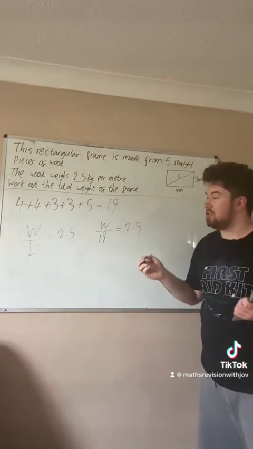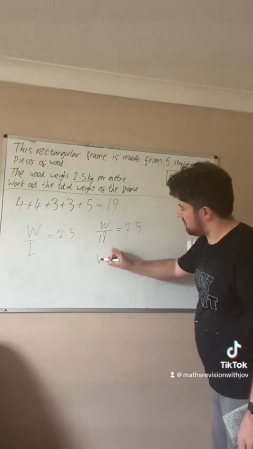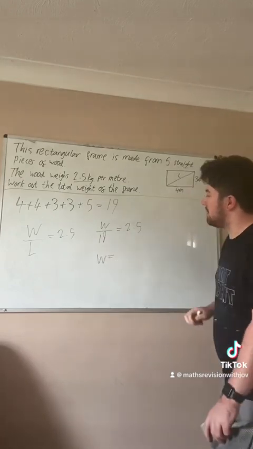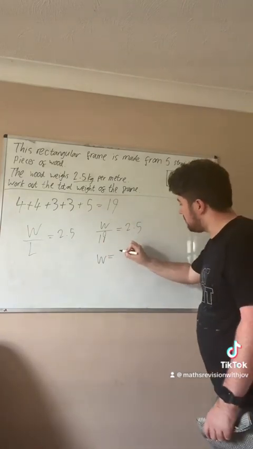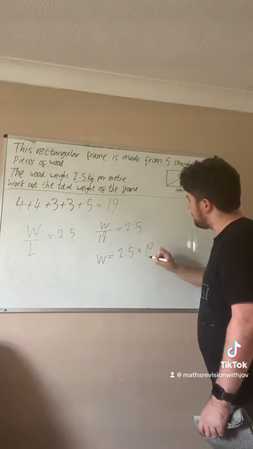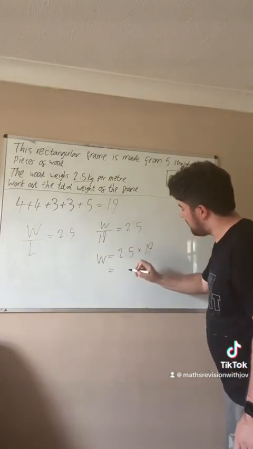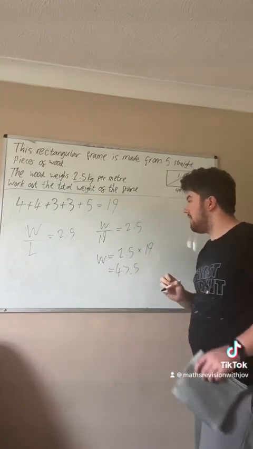Now we can rearrange for the total weight: multiplying both sides by 19, W equals 2.5 times 19, which I believe is 47.5.